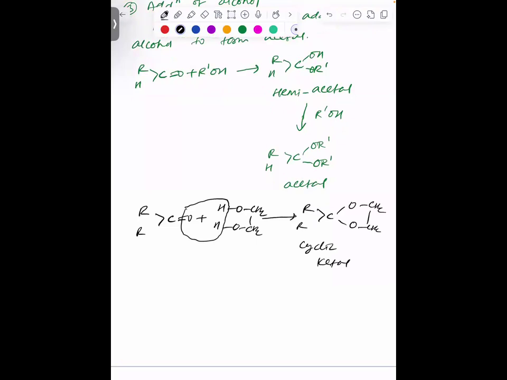Why can ketones not form acetal or ketal? It is due to the bulkiness around the carbonyl carbon. Okay, so note down.